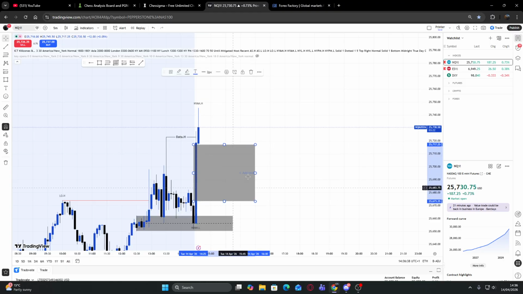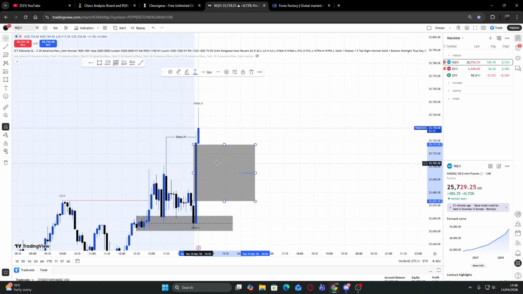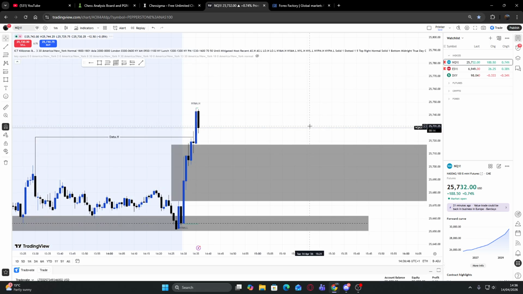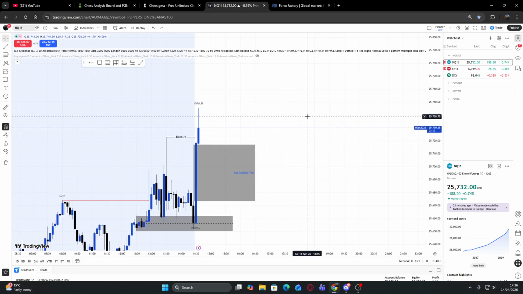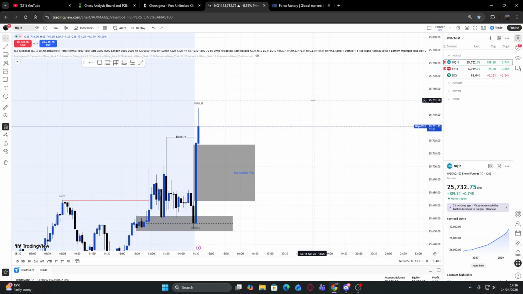Huge buy side imbalance. Obviously the fair value gap hasn't formed yet, but I just like to draw it on so I don't have to do anything too crazy. I could just edit the size of it or just delete it if we don't get the imbalance.